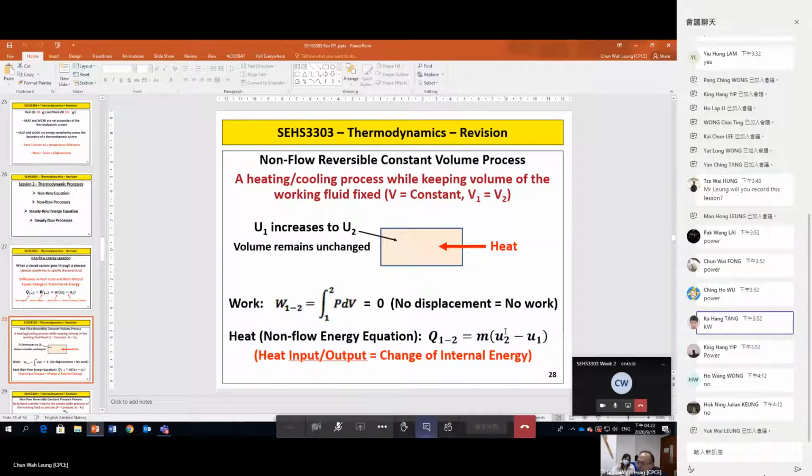Now, if the other side is steam, then you can base on the steam table to work out U1 and U2, therefore solve. But if it is a perfect gas, then what we need is to change U1 and U2 into CV(T2 minus T1). And if you can solve out T1 and T2, again, solve. However, usually T1 is a low value.